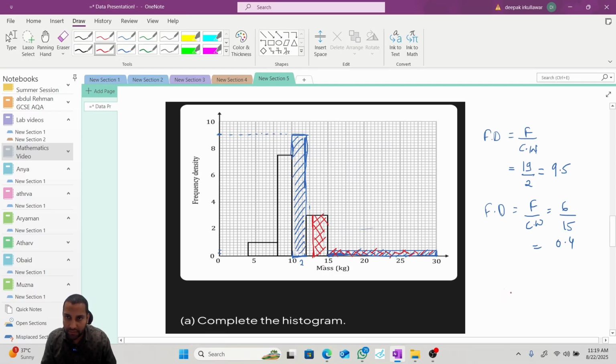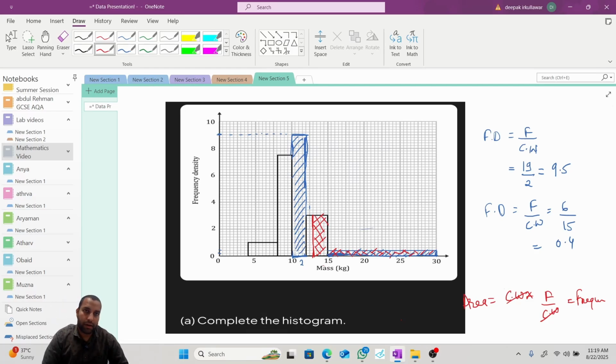Your x is your class width, your y is frequency density, which is frequency over class width. Class width cancels out, you will get frequency. So area of the histogram graph gives you frequency, that you need to remember. Whenever they ask you to give the frequency, in any form of words, you just need to calculate the area of the histogram graph. I hope I made myself very clear.